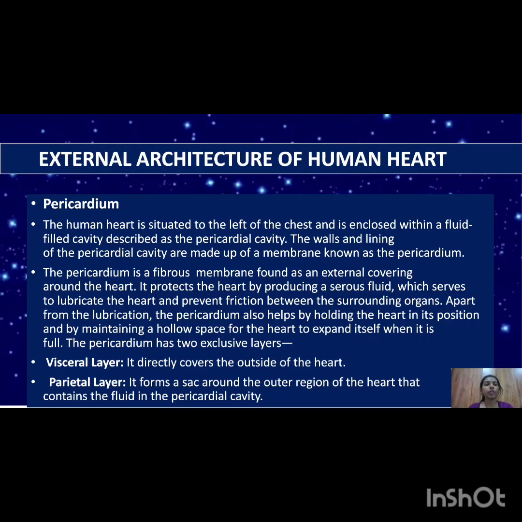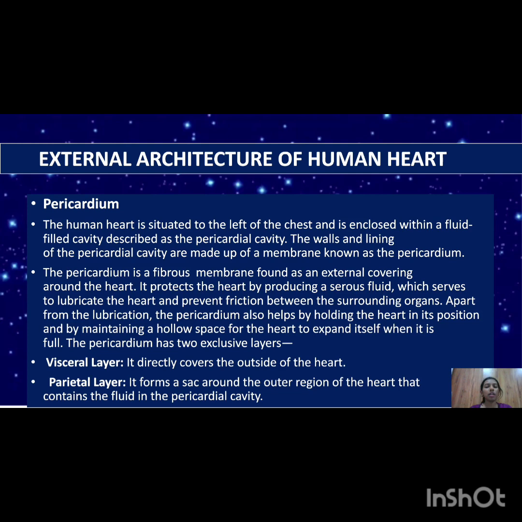External architecture of the human heart. Pericardium. The human heart is situated to the left of the chest and is enclosed within a fluid-filled cavity described as the pericardial cavity. The walls and lining of the pericardial cavity are made up of a membrane known as the pericardium. The pericardium is a fibrous membrane found as an external covering around the heart.